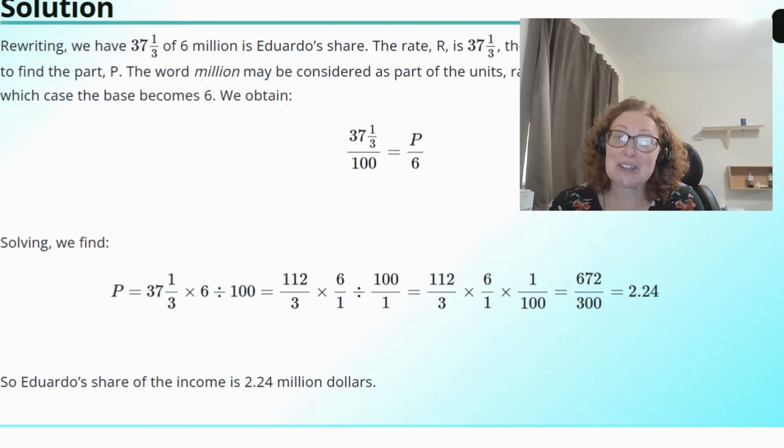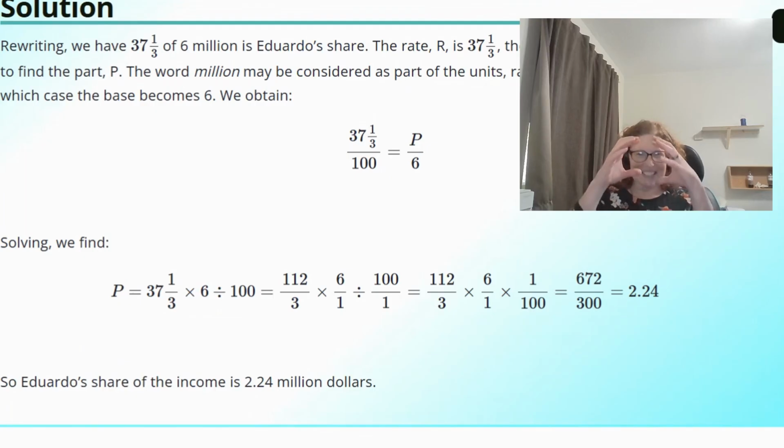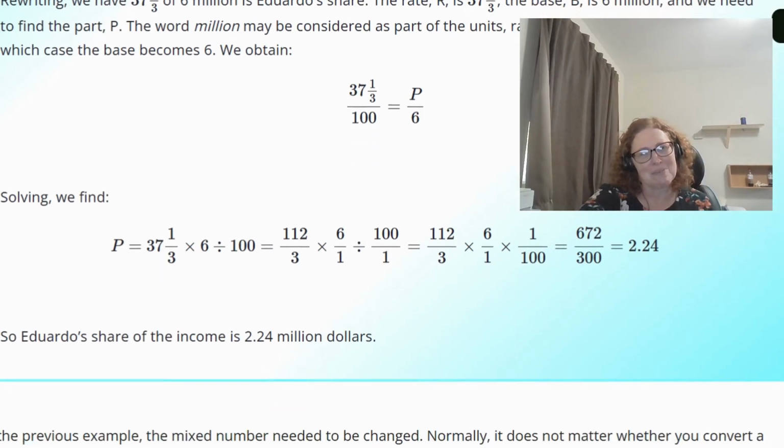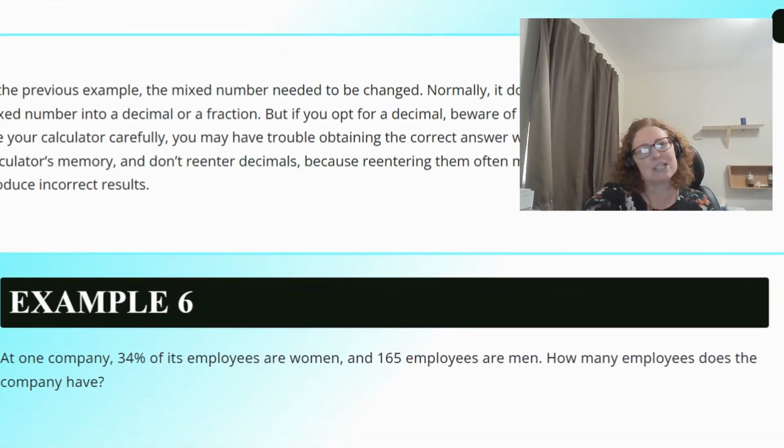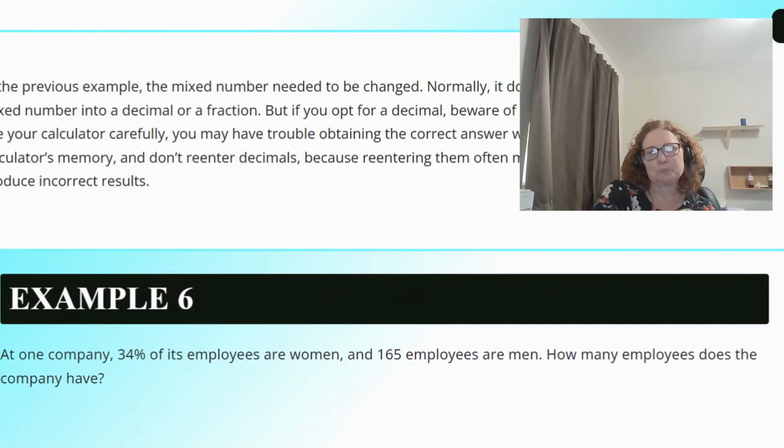Remember, we do that by saying 37 times 3 plus 1, which gives us 112 over 3, times 6 divided by 100, and you get the answer of 2.24, which means that Eduardo's share of this $6 million is $2.24 million. Okay, that's 37 and 1/3. So we did need to change that mixed number. You could have changed it to a decimal or fraction.